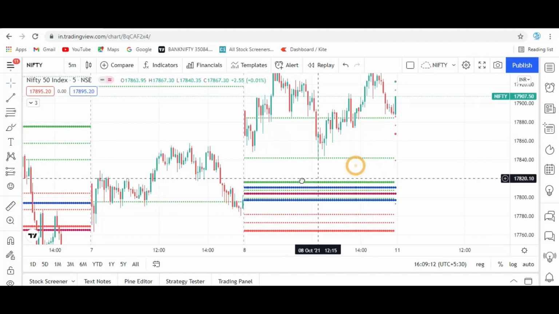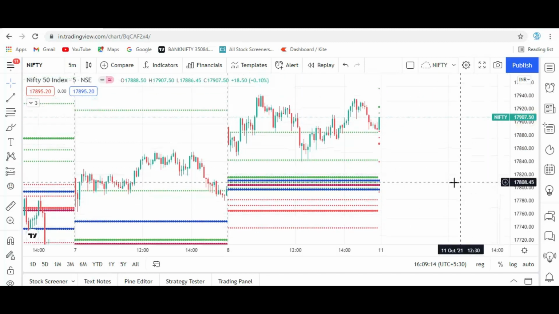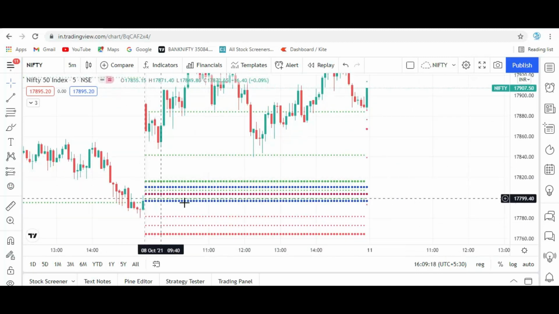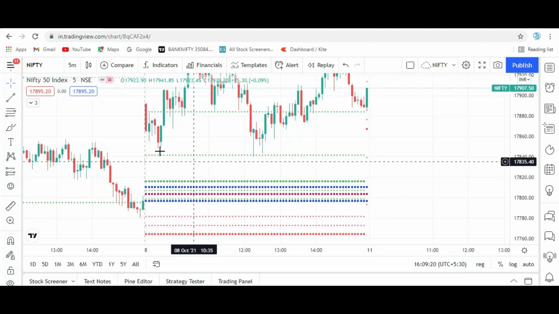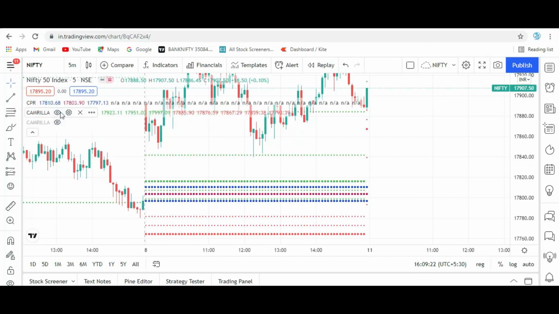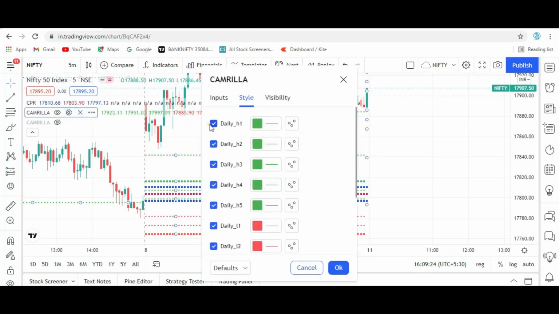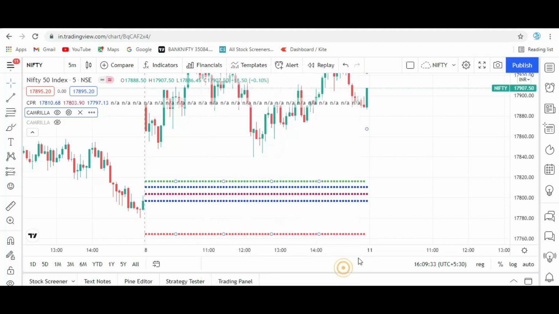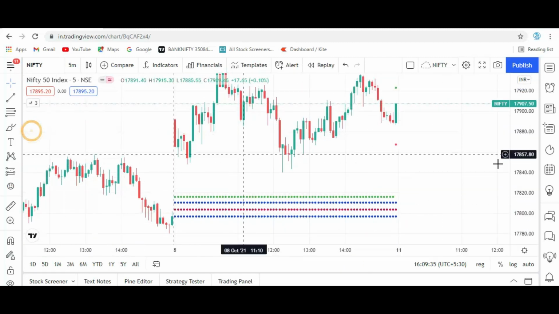For this type of trading day, you can just follow the CPR and Camarilla pivot. You can turn off H2, H1, H4, H5, then L1, L2, L4, L5. Only H3 and L3 are enabled in the indicator now.